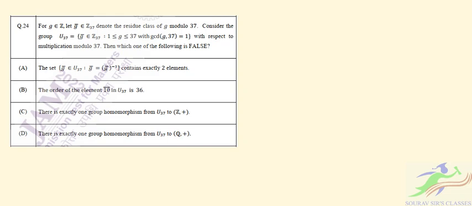So if P is prime, and if we consider a group as U(P), we can write it. So U(P^n) is isomorphic to Z of P^n minus P^(n-1).